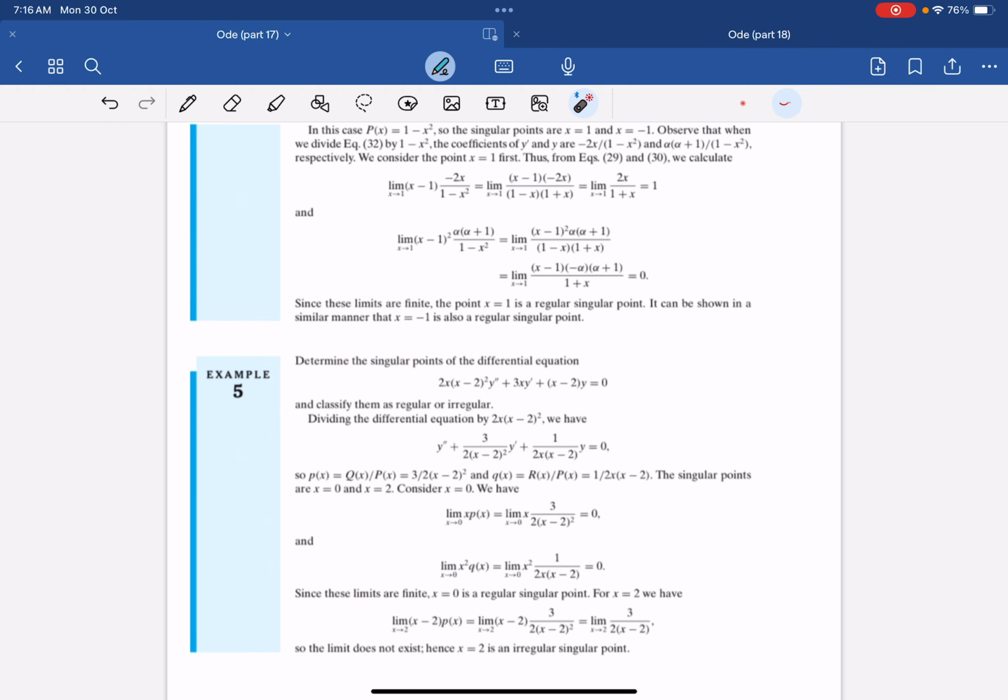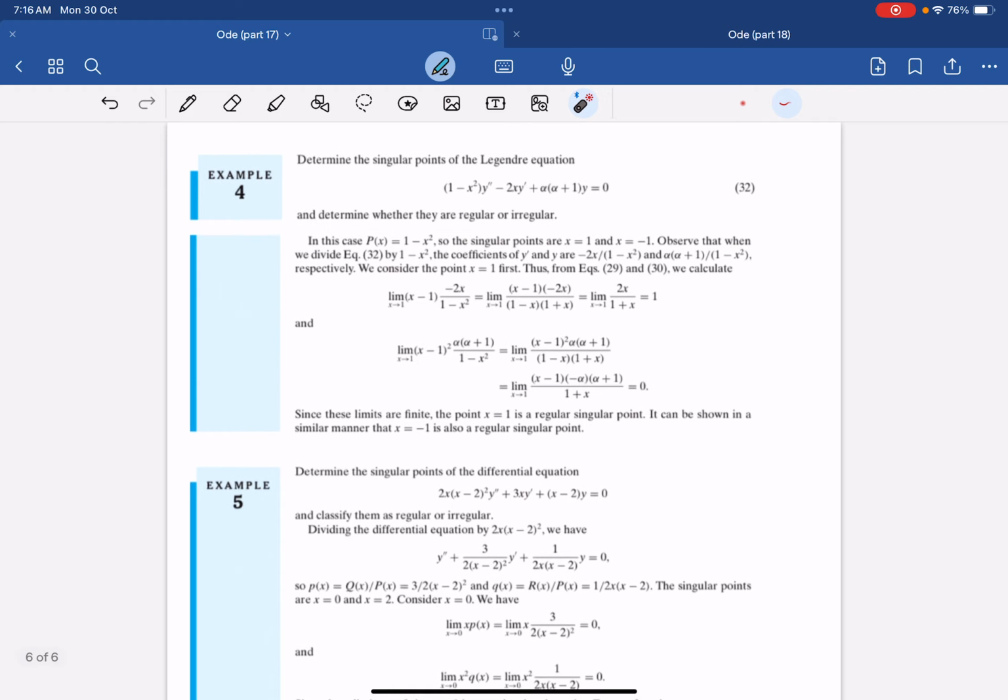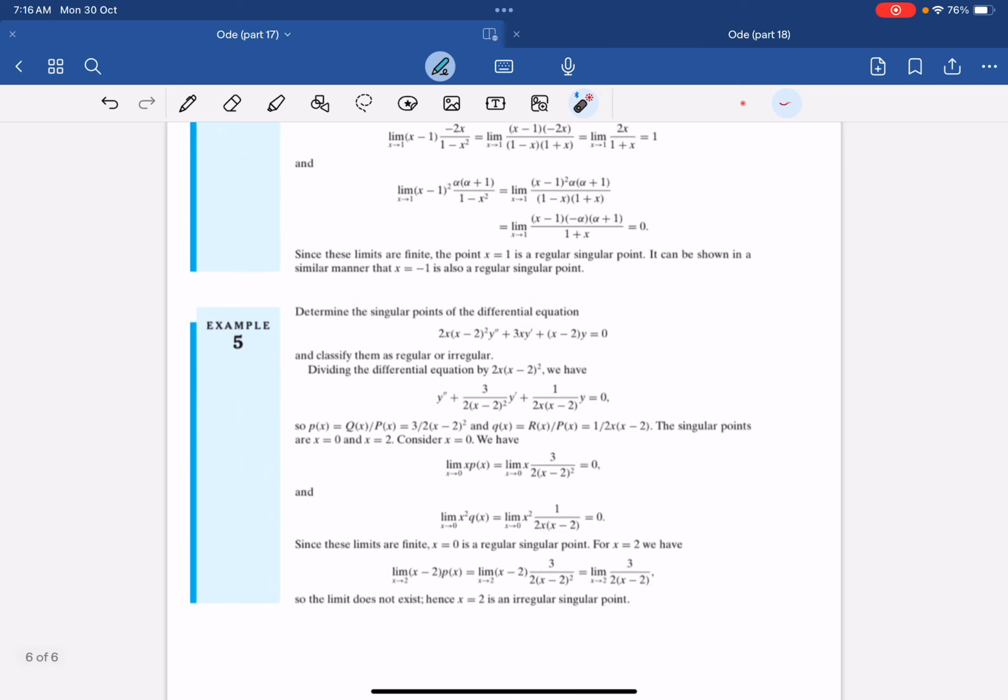And then we see that the limit is equal to 1. And for the other case, we also do the same. We show that the limit is 0. And so, because both limits exist and are finite, x equals to 1 is a regular singular point. And in a similar manner, we will be able to show that x equals to minus 1 is also a regular point. And that will be left for you to do.